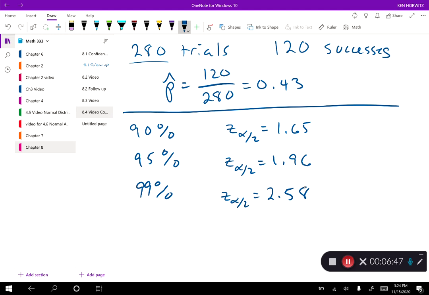And once again, alpha is the unused area. So alpha at 90% would be 0.1, at 95% alpha would be 0.05, and at 99% alpha would be 0.01. So that is that.